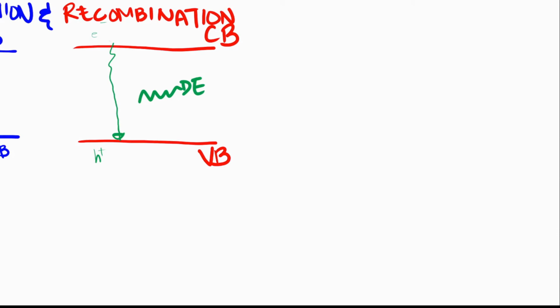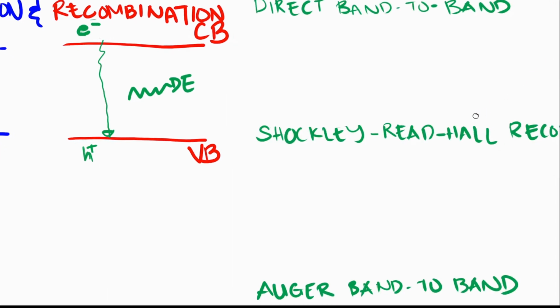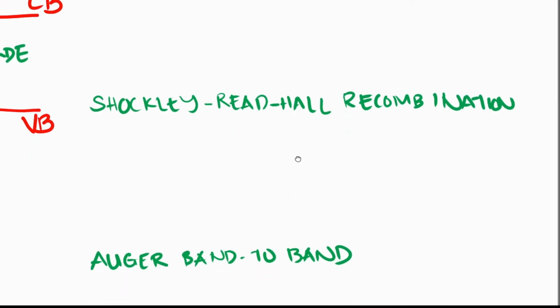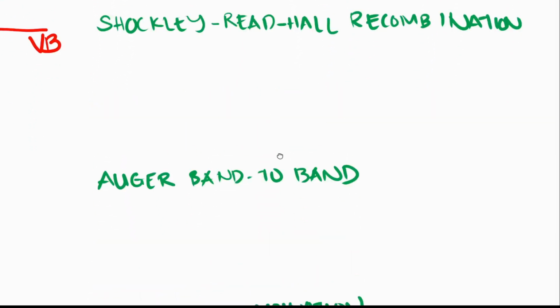Now that we have tackled carrier generation, let's go to recombination. Carrier recombination, again, is the release of energy due to the recombination of your electron and your hole. There are very, very many carrier recombination mechanisms, but in our case, we'll only be discussing these four: direct band-to-band, Shockley-Read-Hall, Auger band-to-band, and surface recombination.